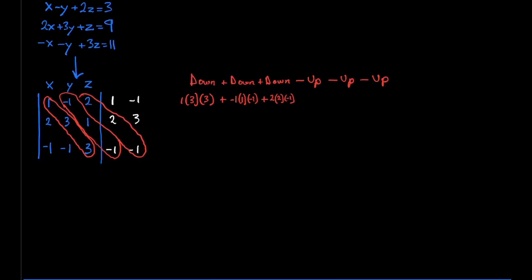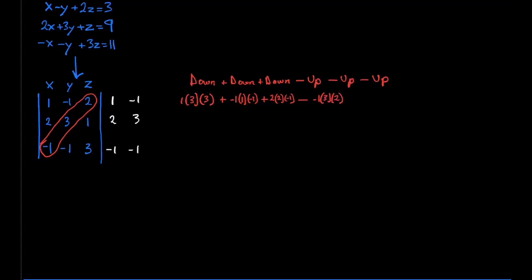After that, we're going to find the ones that go up. So here there's a subtraction sign from this formula. And you start at the bottom this time with the -1, and you go up this way. So this is now -1, 3, and 2.